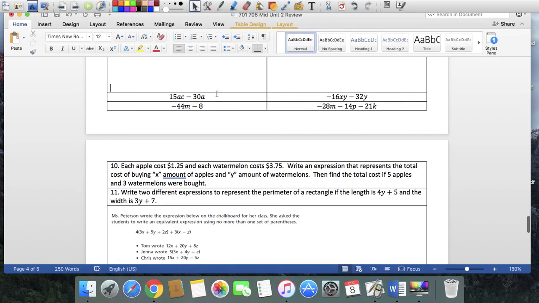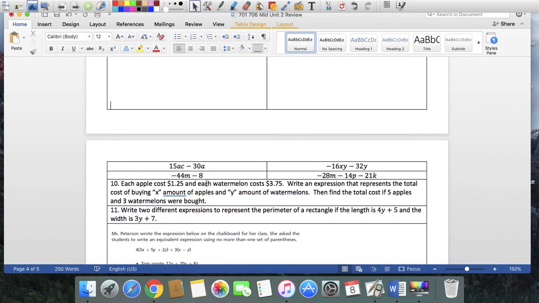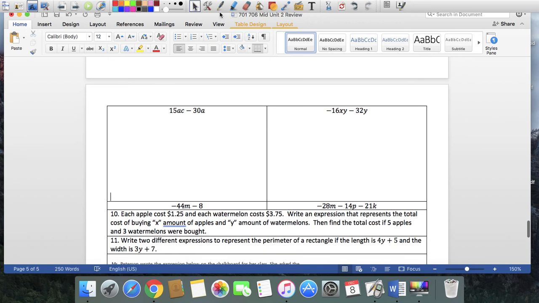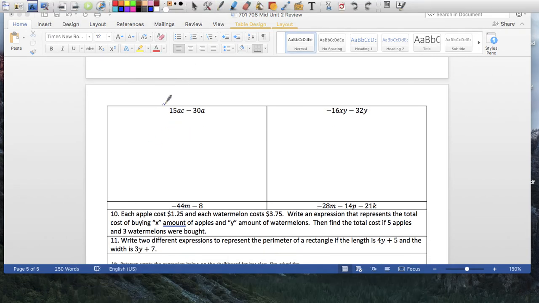Next one. It's almost the same thing. And if you pull out, you can pull out a 5. No. The highest number that's common between 15 and 30 is not 5, it's 15. And they also share an a in common, right?